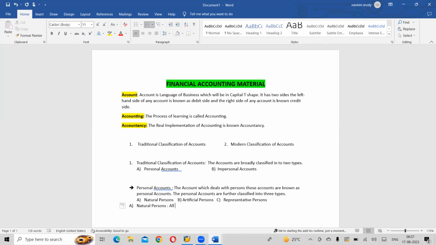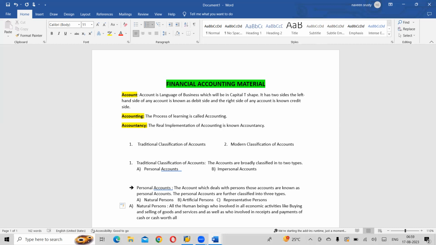Okay. All the human beings who are involved in all economic activities, like buying and selling of goods and services, as well as those involved in receipts and payments of cash or cash worth.